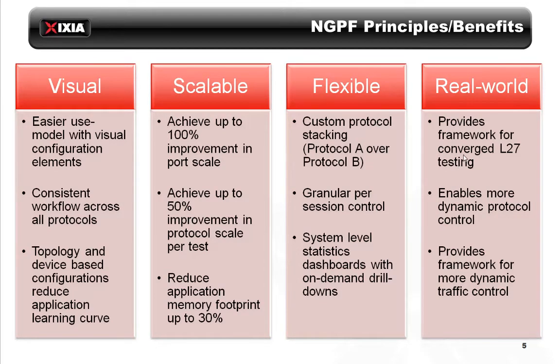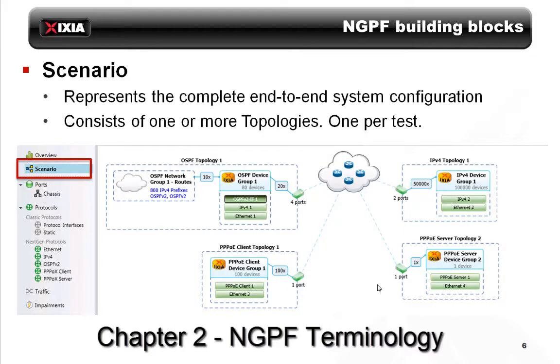Again, this framework will allow a truly converged layer 2 to 7 environment for testing, dynamic control plane protocols, and bringing them up and down in real time, and provides the framework for more dynamic traffic control for real world traffic.